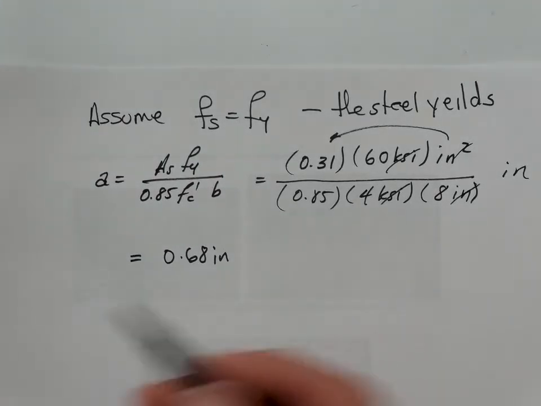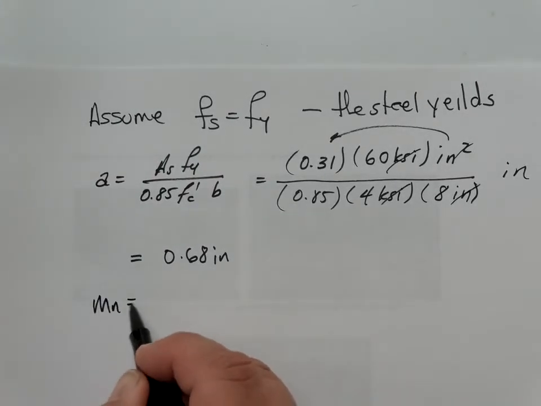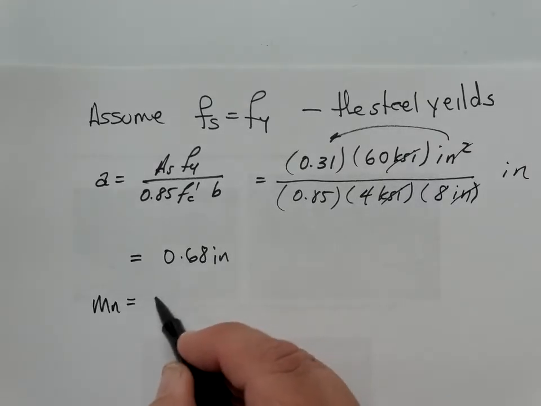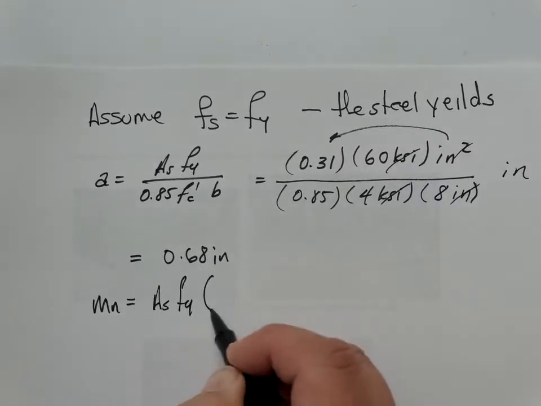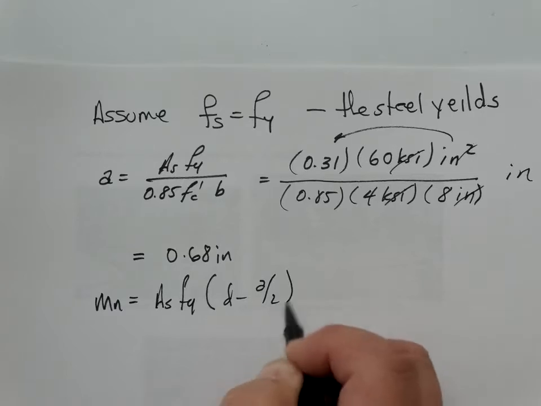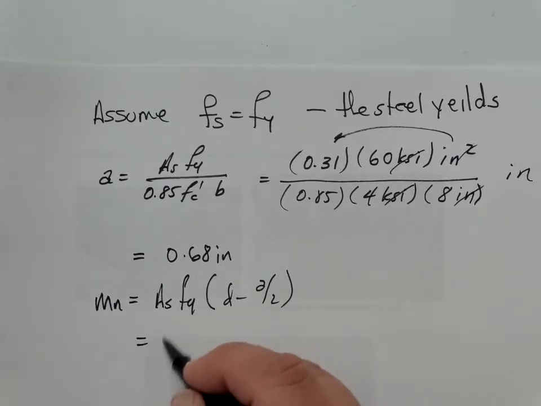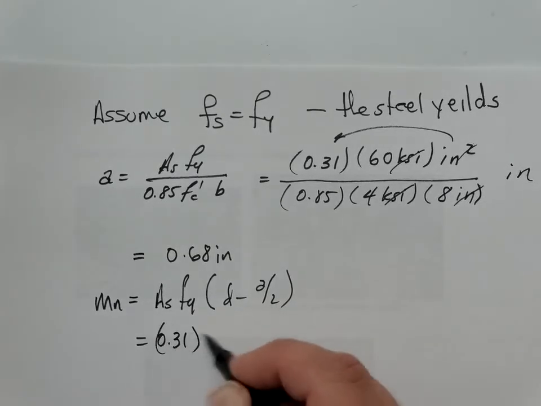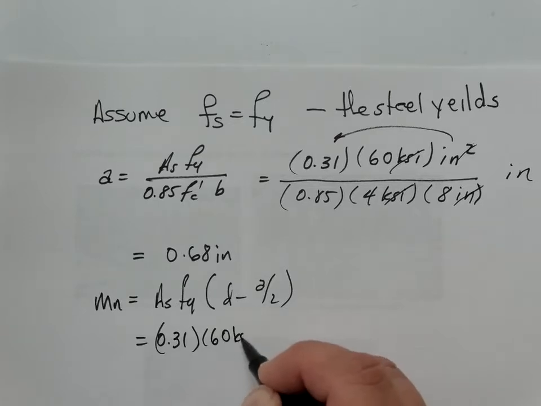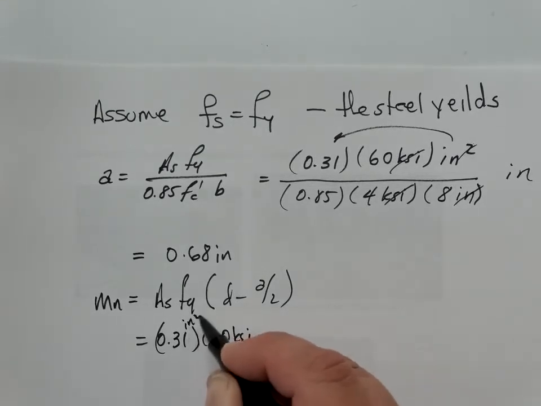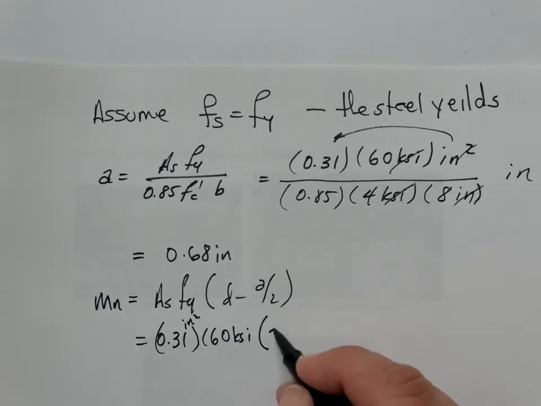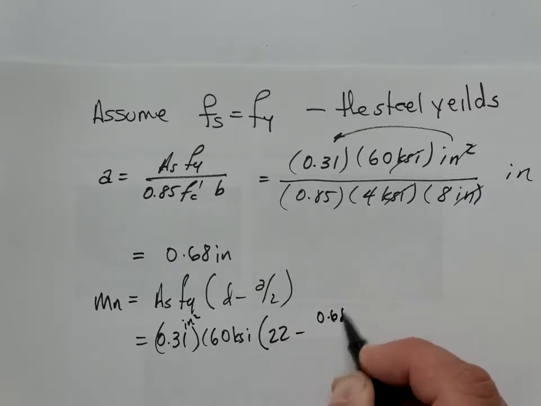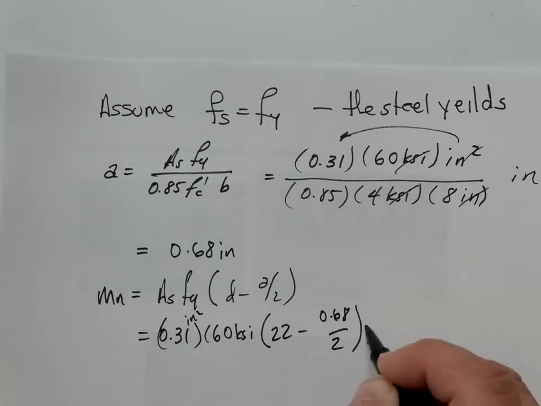Wow, it's good now. The nominal moment capacity is equal to A sub s, f sub y, d minus a over 2. I know all of those things. It is equal to 0.31 multiplied by 60 kips per square inch, and this is in inches squared, multiplied by 22 minus 0.68 over 2, and this is in inches.